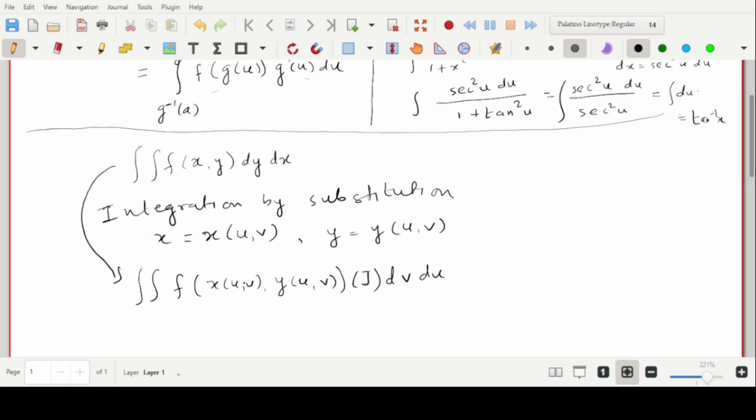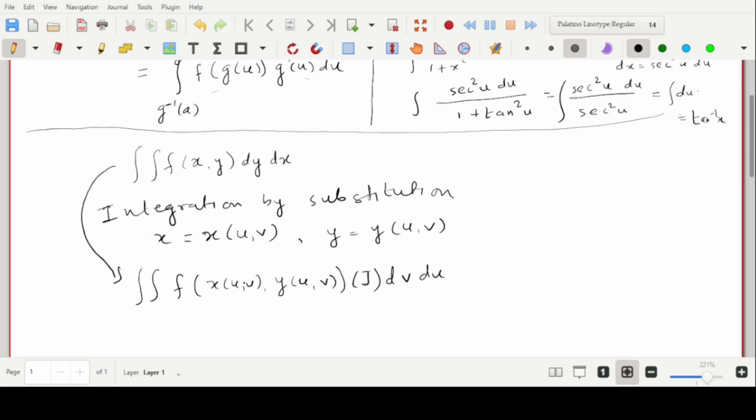And again here we have a double integral, and so when we are converting x and y into u and v, we shall also have to take care of the limits of integration, because now we don't have x and y varying between the given limits. We have u and v varying between their respective limits.